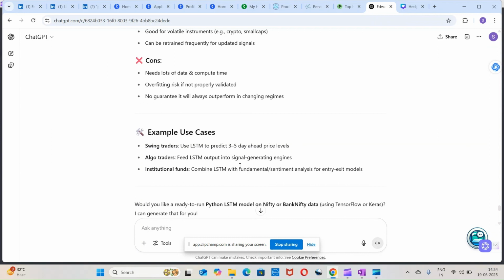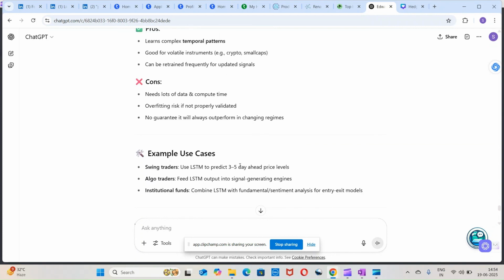Institutional funds can combine LSTM with fundamental, sentiment, and even technical analysis for entry and exit models.